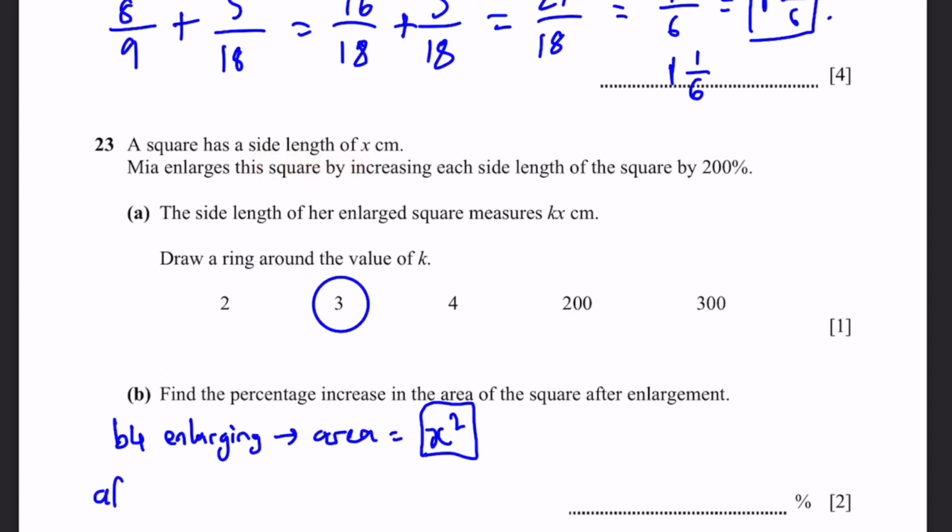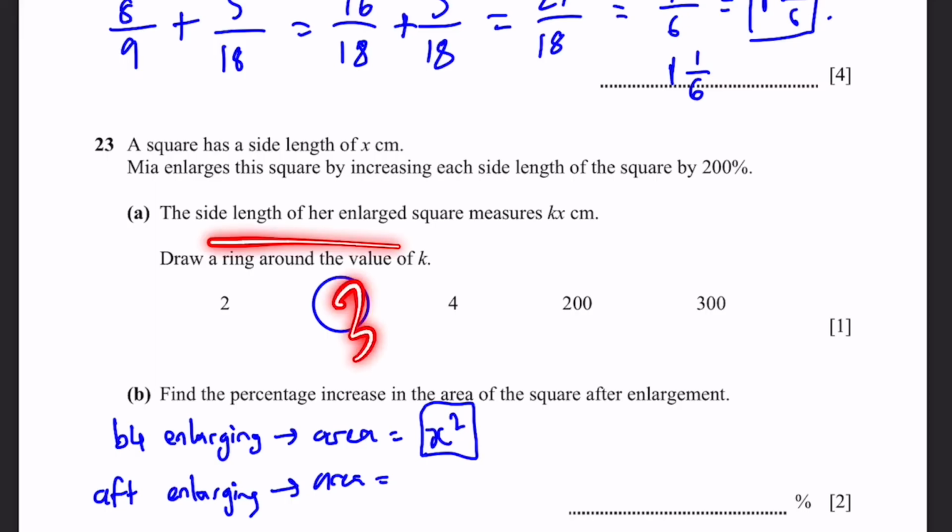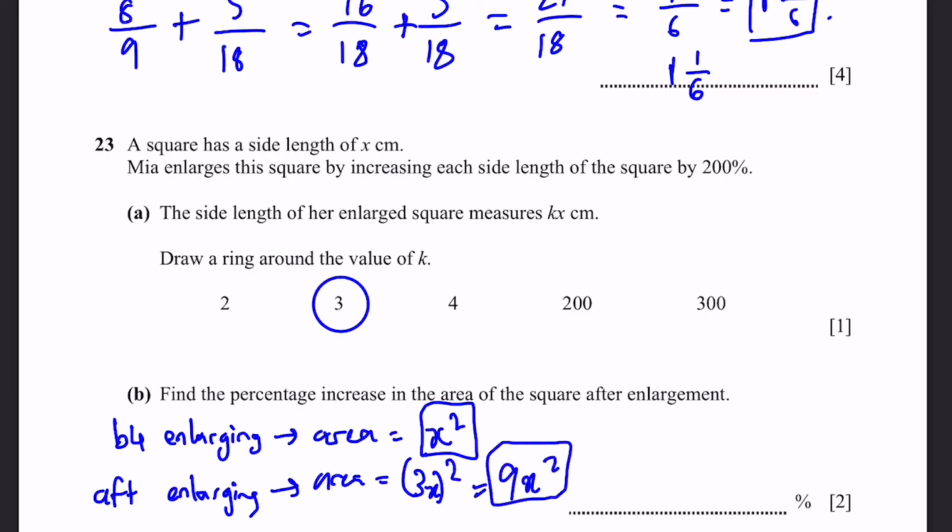Now, after enlarging, the area will be, because the side length now becomes 3x, it'll be 3x the whole squared, which is 9x squared. Now the percentage increase will be 9x squared, the final area, minus the initial area, x squared, dividing by x squared, and then multiply by 100%. And that'll make 800%, and that'll be our final answer.